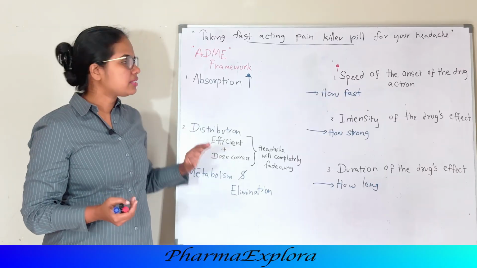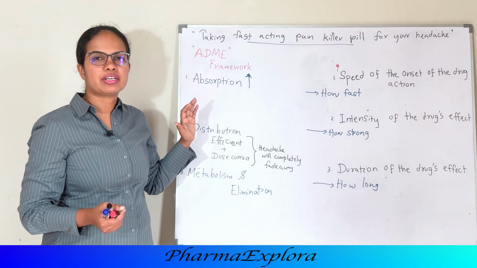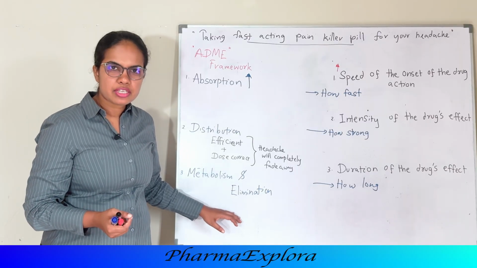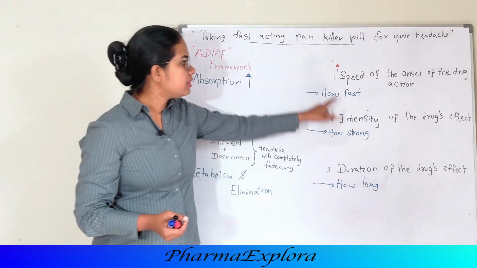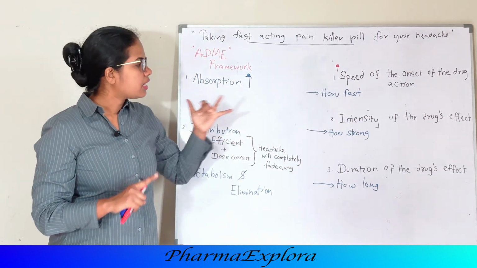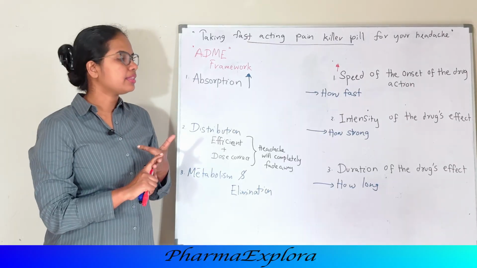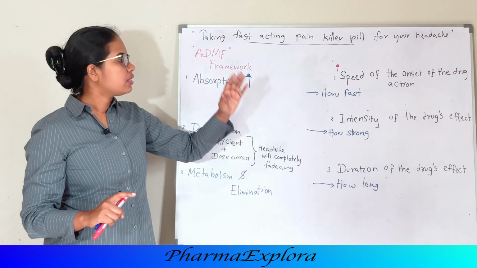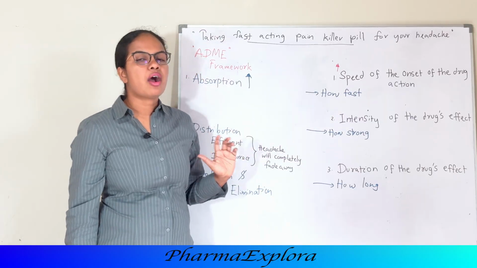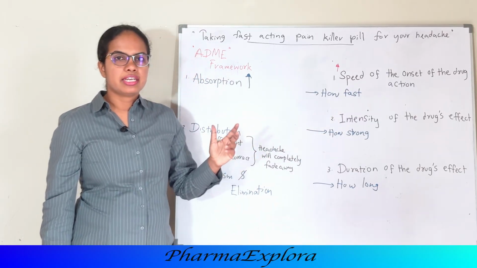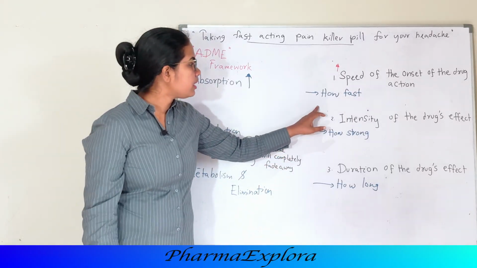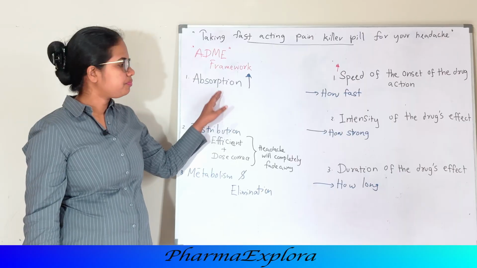So now you can see how this ADME framework, absorption, distribution, metabolism, and elimination, is going to determine these three important outcomes: speed of the onset of the drug action, intensity of the drug's effect, and the duration of the drug's effect. The speed of onset, or how quickly you will feel the relief and your headache will start to fade away, is mainly determined by absorption.